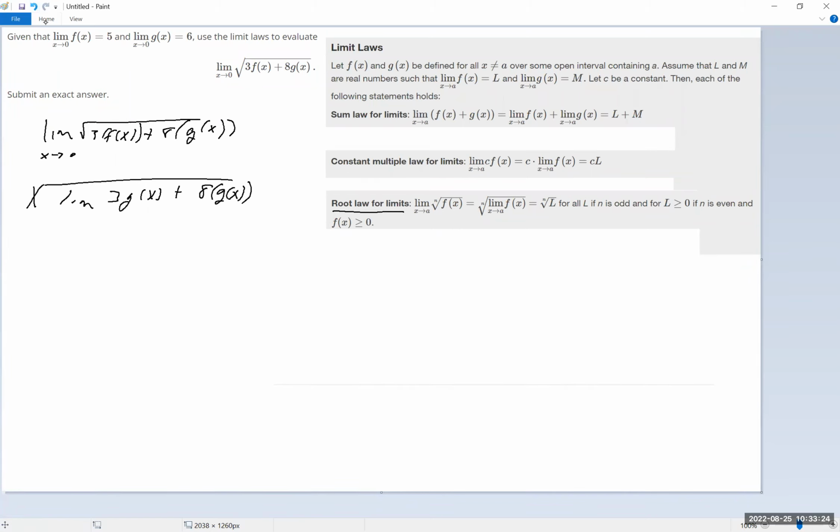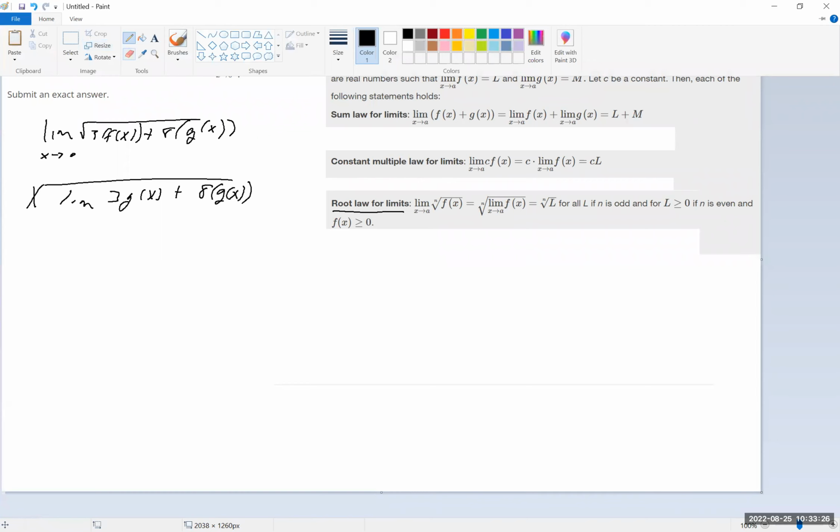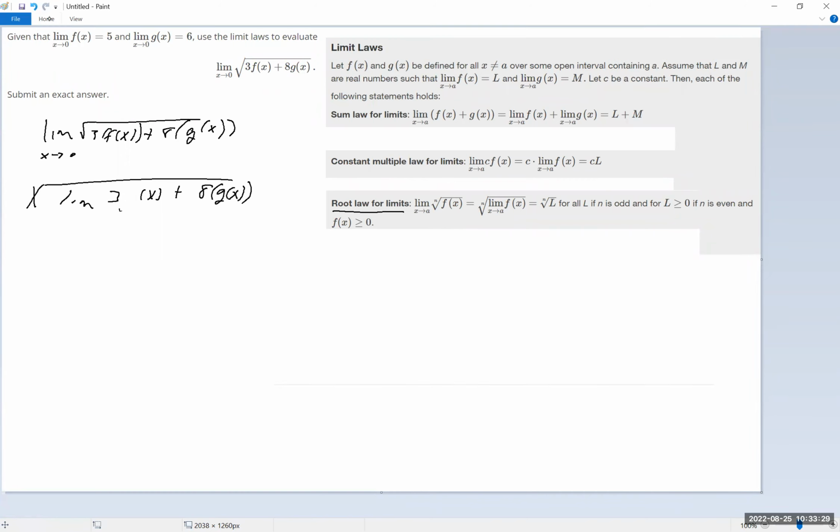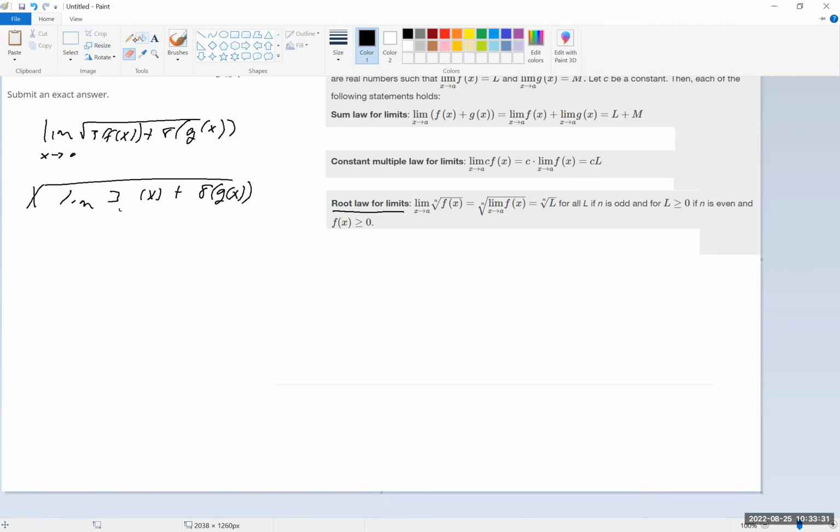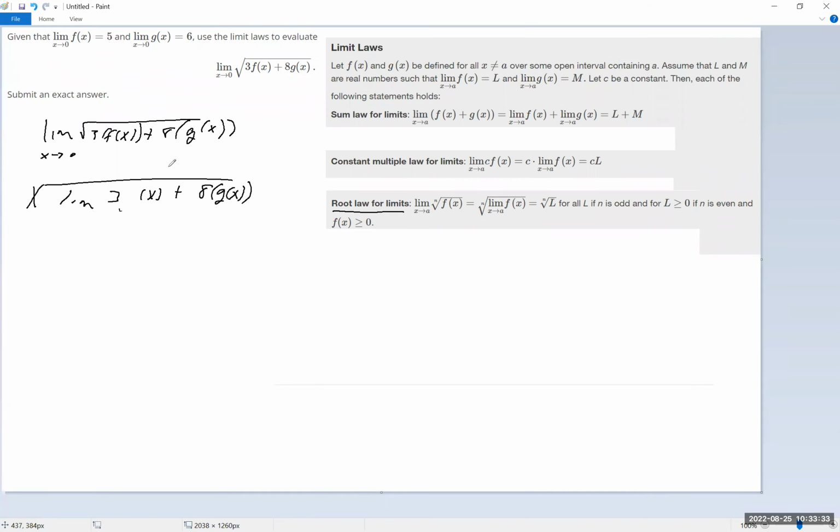That should be f of x, my bad. I guess I'm used to putting a lot of parentheses, as x approaches 0, and we'll put that in brackets.